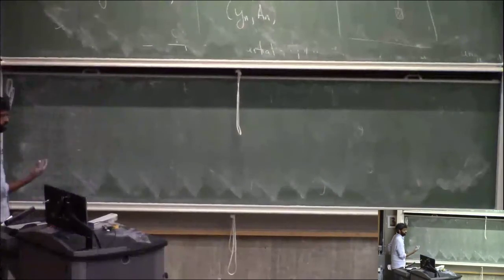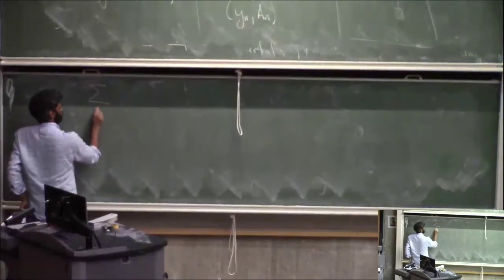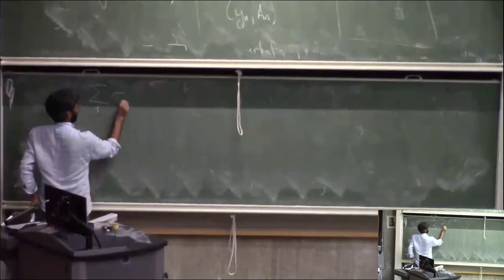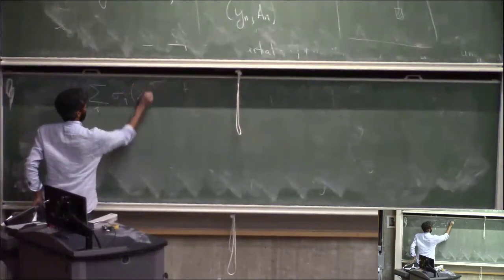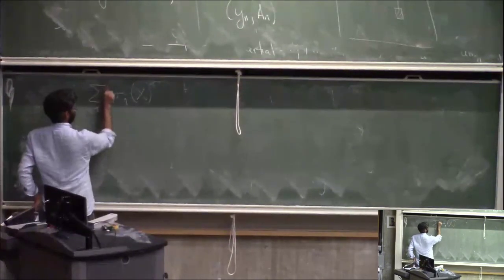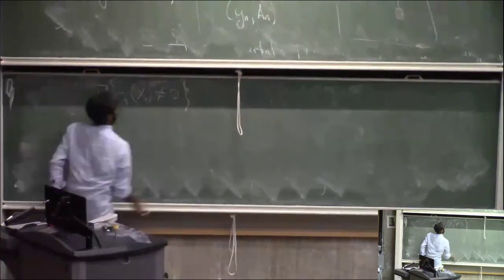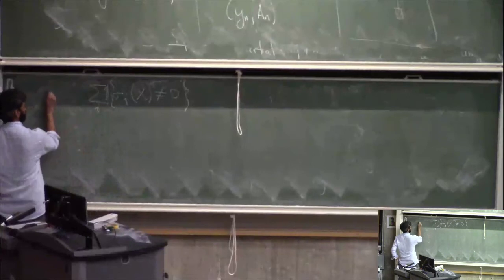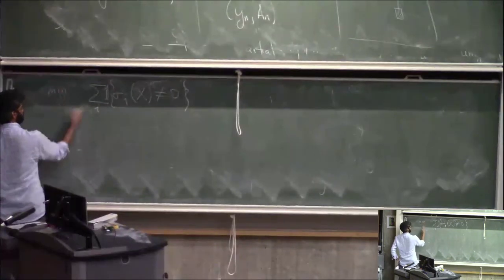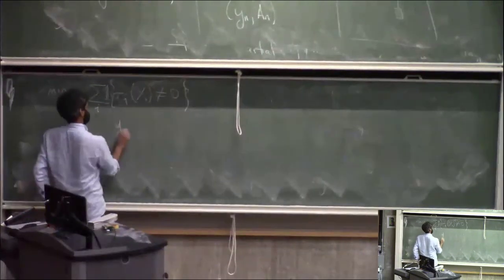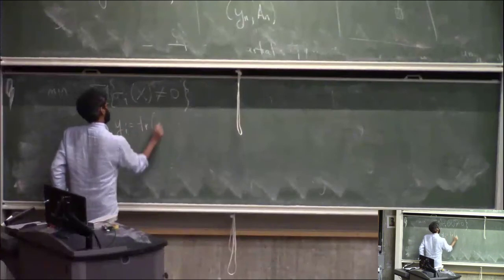what's the rank? It's just the number of non-zero singular values. And then you're subject to all these constraints. So I want to minimize this thing subject to a bunch of constraints that say yi is the trace of.